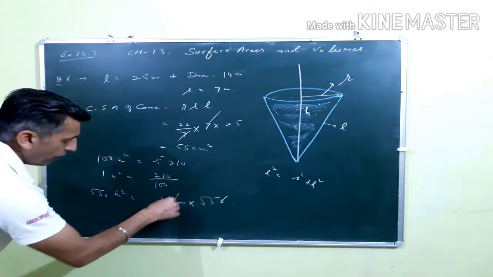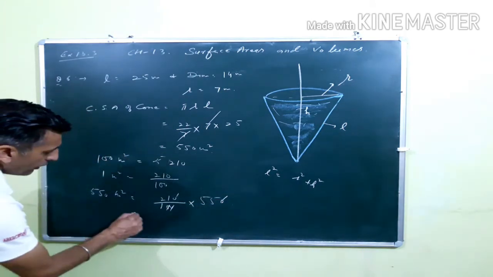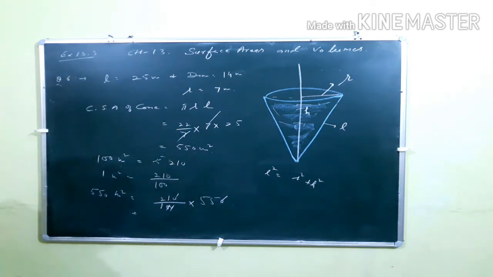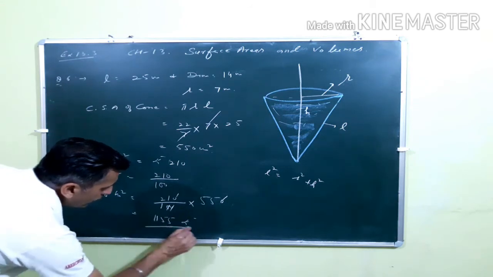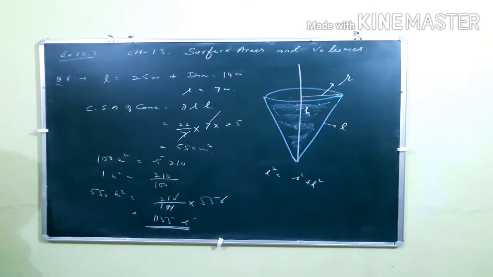The zeros cancel, and after this multiplying 55 into 21, the answer is 1155 rupees. So this was the total amount he will charge for whitewashing the curved surface area of the cone. That's all.